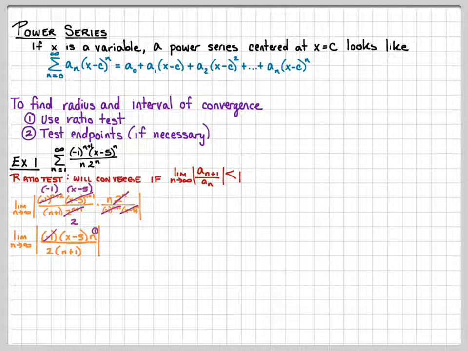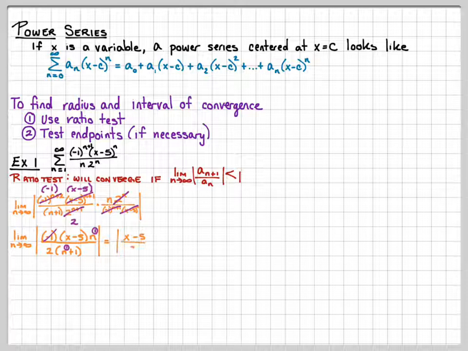So if you look, the numerator has an exponent of 1 and the denominator also has an exponent of 1 for n, and we're finding as n goes to infinity. So we do the leading coefficient over the leading coefficient. The leading coefficient of n in the numerator is x minus 5. The leading coefficient of n in the denominator is 2.